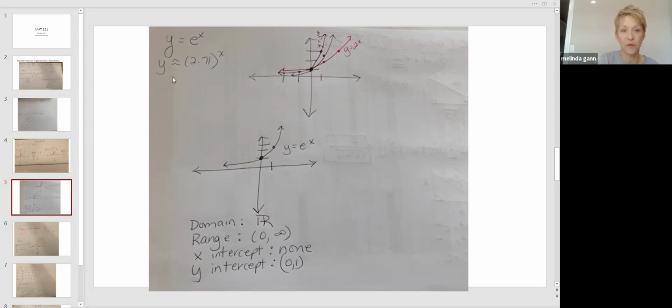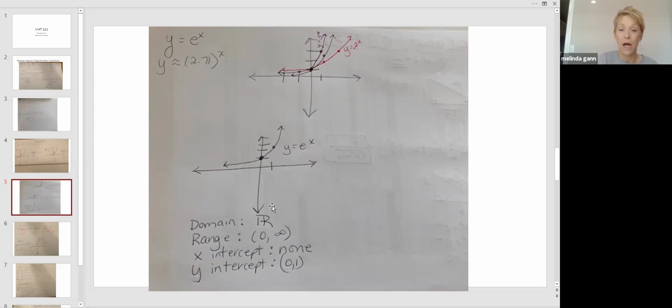Well, isn't 2.71 somewhere between 2 and 3? So my graph is somewhere between 2 to the x and 3 to the x, because 2.71 is between 2 and 3. So there's nothing magical about this graph. It's just like 2 to the x or 3 to the x. It's just that your base is between 2 and 3, a little closer to 3. So you can make a t-table to get it.